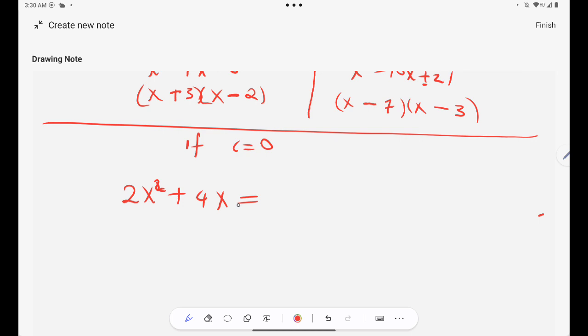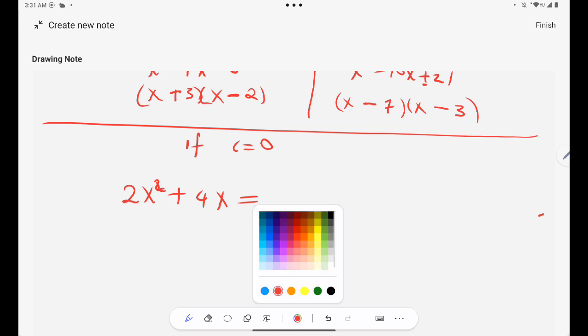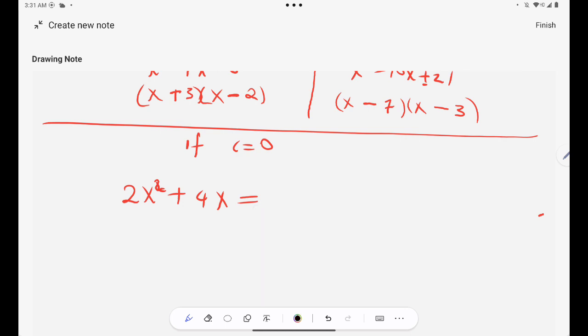Now we cannot look at the factors of c because c is 0. Are you together? The only thing you must do here is to take out a common factor. You just look at both your terms. What is common between my two terms? 2 is common because 2 can get into the first term and the last term as well.